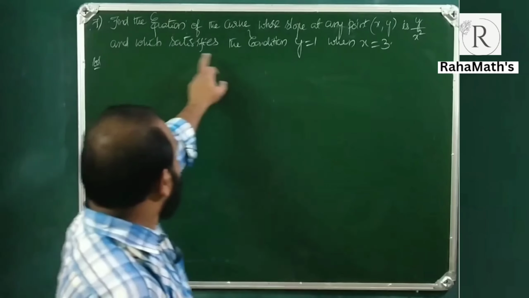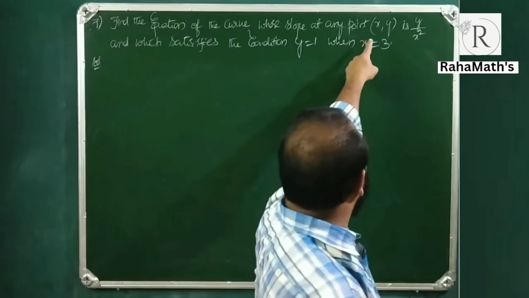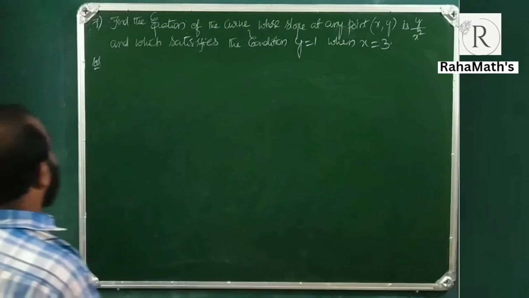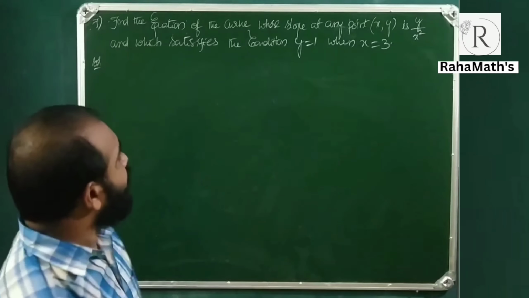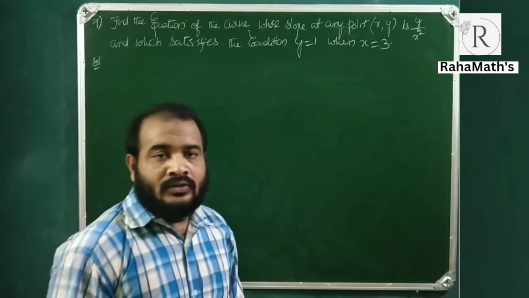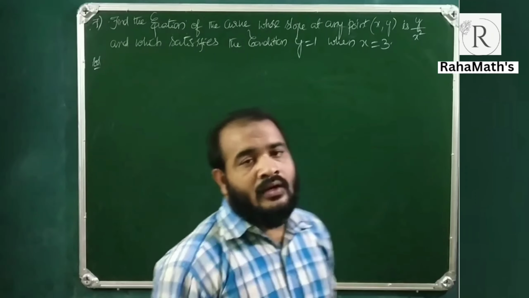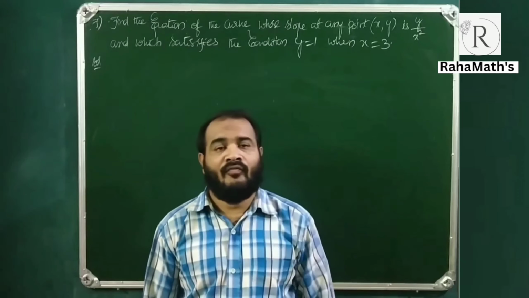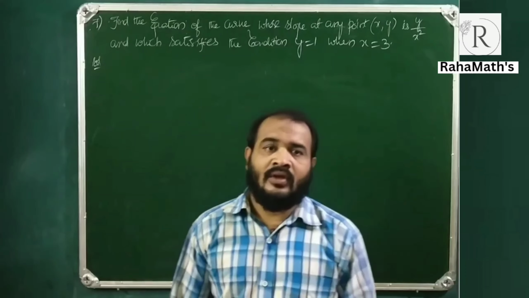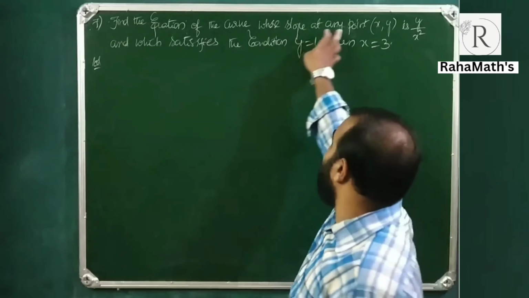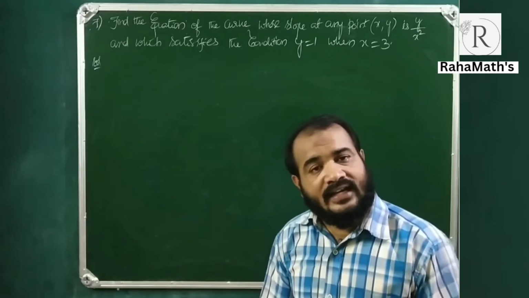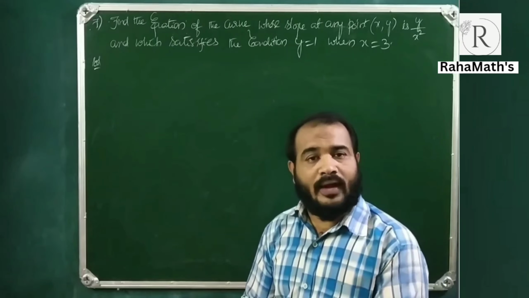Find the equation of the curve whose slope at any point xy is y by x square and which satisfy the condition y equals to 1 when x equals to 3. So in differentiation we have known that the slope at a point x comma y is nothing but dy by dx at x comma y is nothing but slope m.